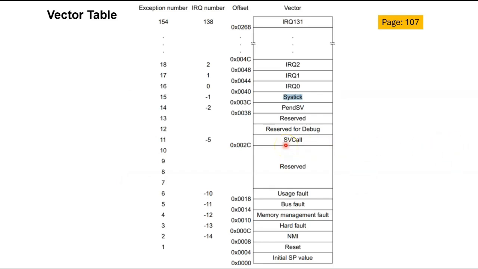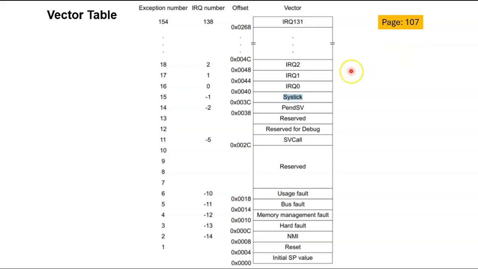Now, here is the vector table for the TM4C123G microcontroller, and this table is taken from page 107 of the datasheet of the TM4C123G microcontroller.